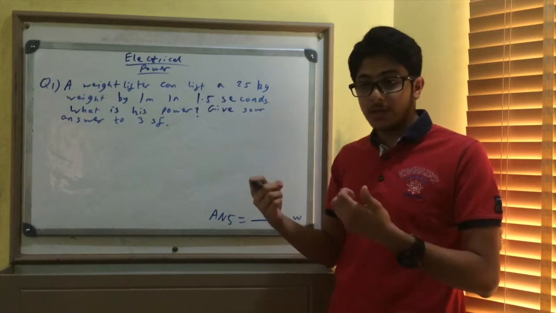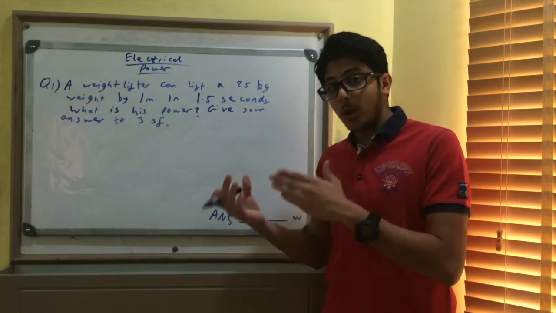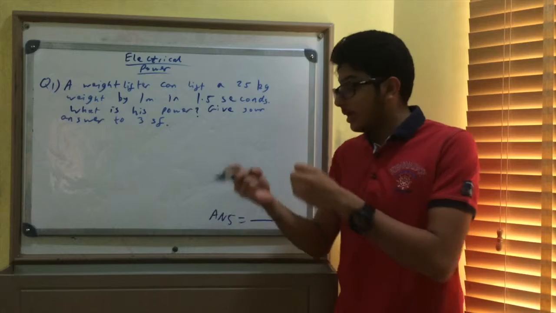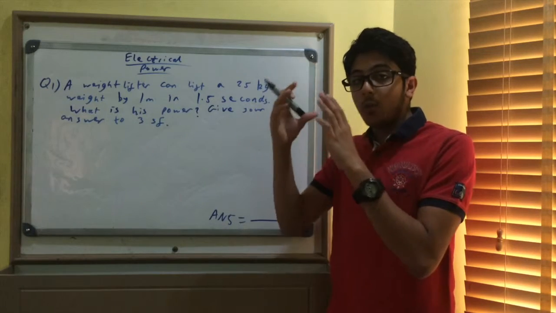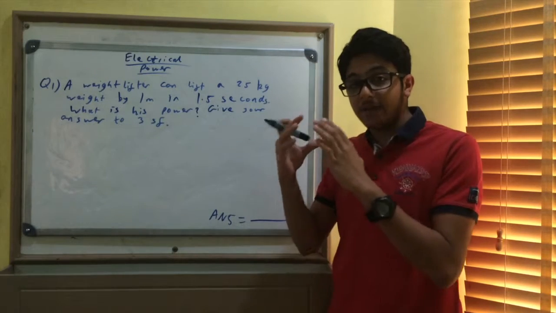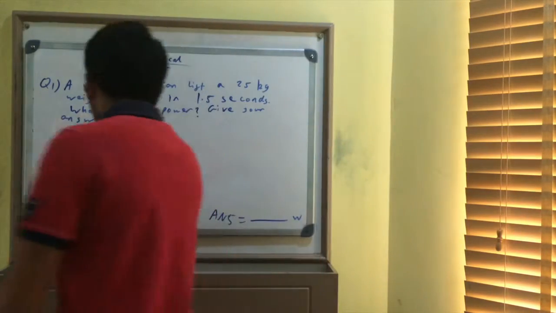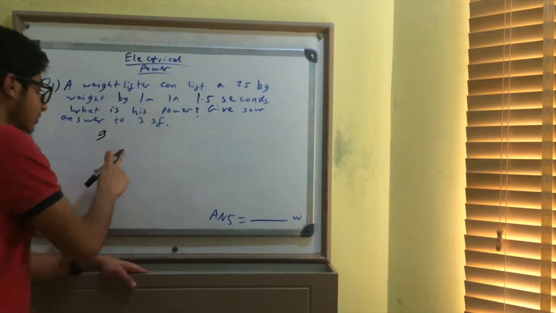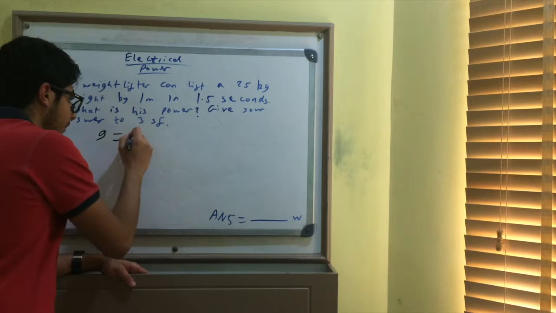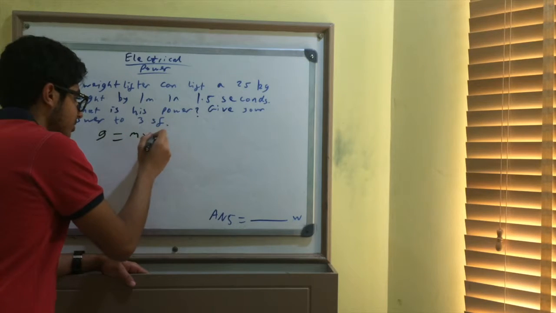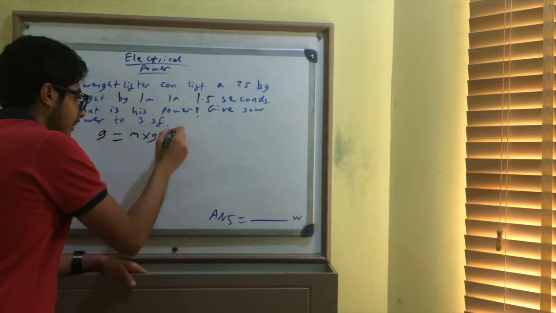Chemical energy from the body transferred into what? To lift something. Once you lift something, what energy does it have? It has gravitational potential energy. And so use the equation, gravitational potential energy gives you mass times gravitational field strength times the height.